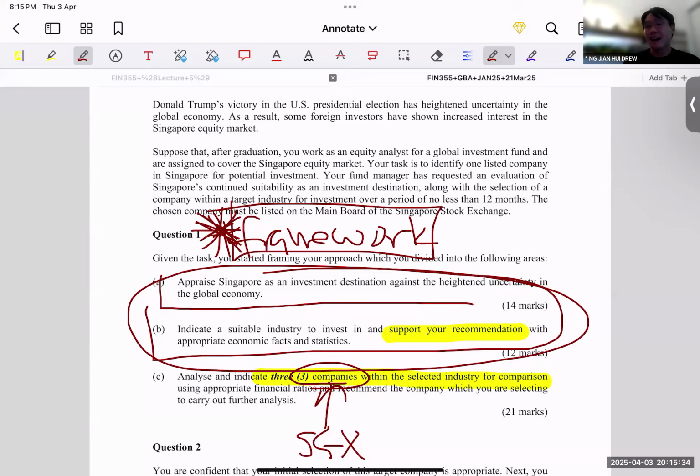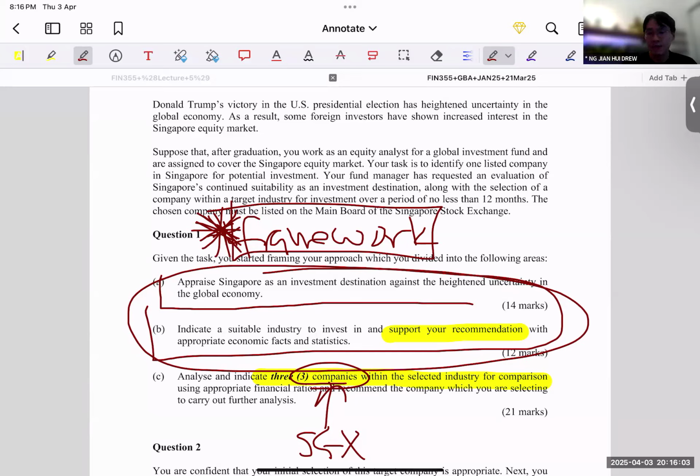I'm not asking you to cheat. It's just that the ECA requirements are different from your GPA, which we cannot really discuss. But just read the question carefully. Make sure that you continue to answer the question in ECA rather than just copy and paste what you have done for your GPA.